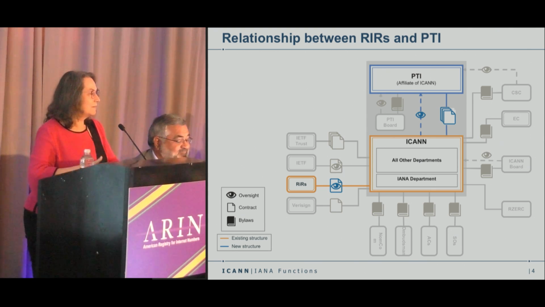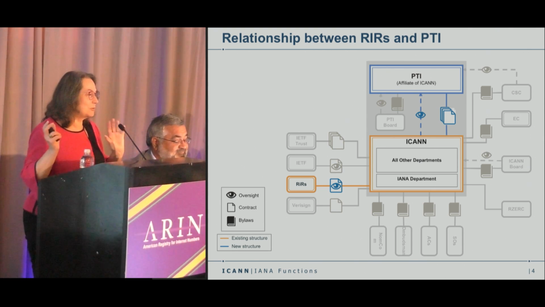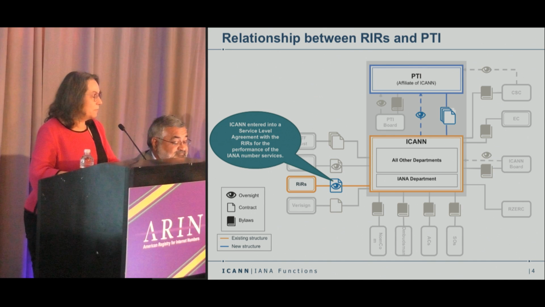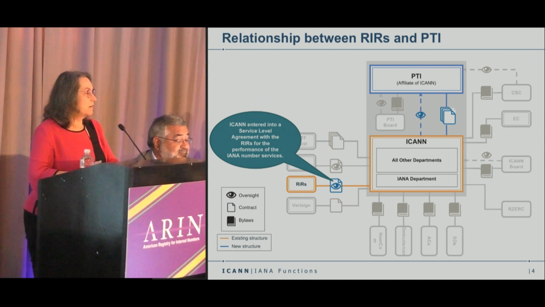So this one's a little more complicated. It shows all of our relationships, the relationships with the RIR community, with the IETF and the IAB, as well as with the naming community. But I'll just focus on the RIRs, and you can see yourself highlighted there. ICANN and the RIRs entered into a service level agreement.